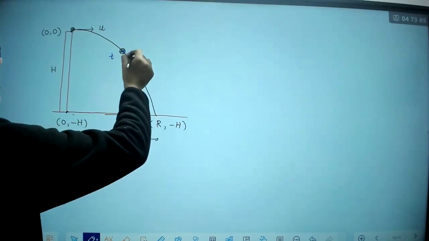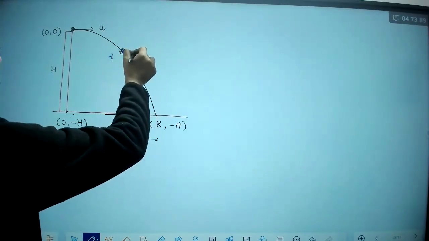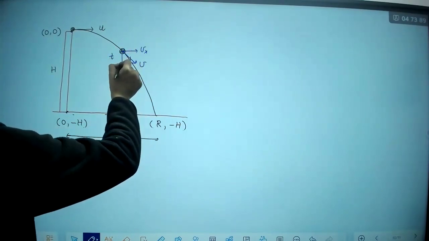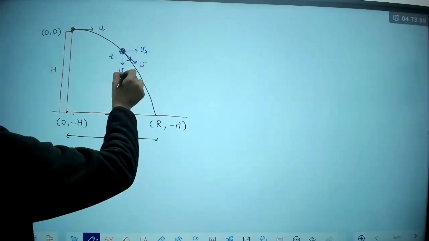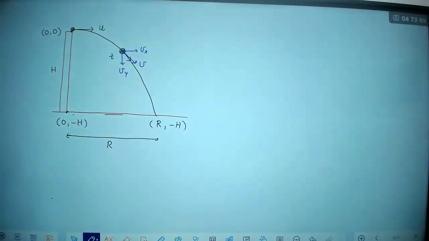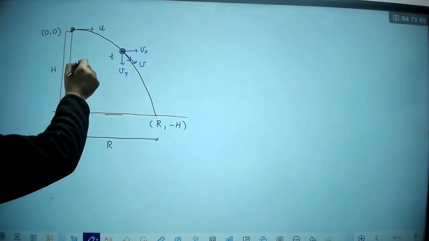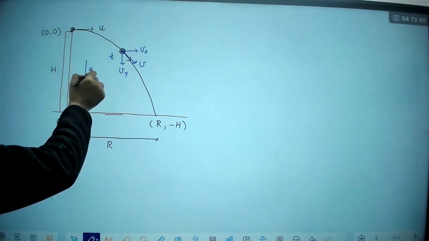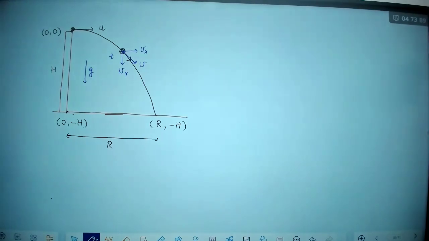This will be v. I resolve this into two components, vx and vy. Remember this, at any point, only the gravitational force is acting, so gravitational acceleration is there in the downward direction.